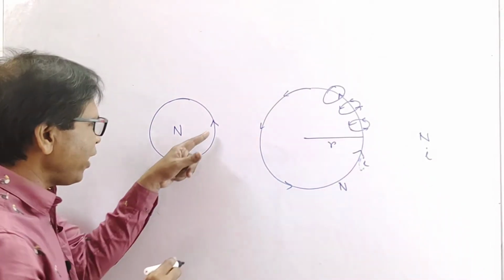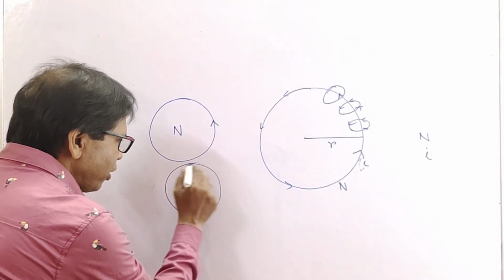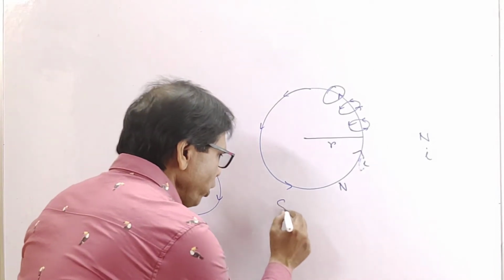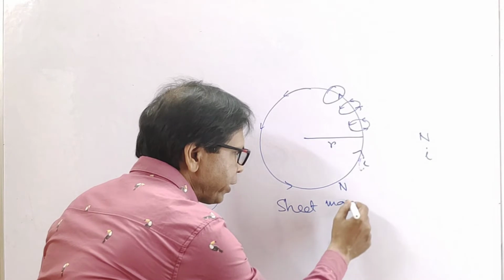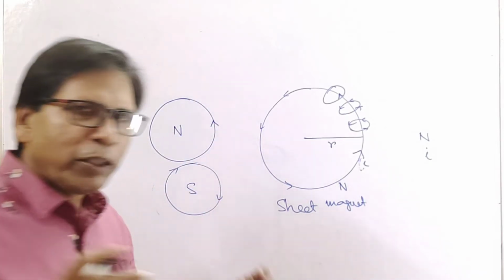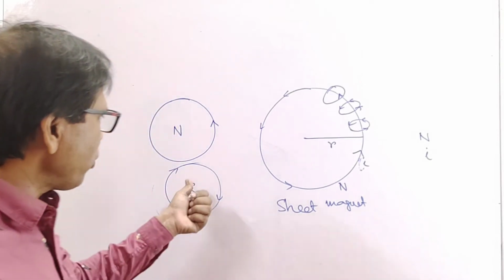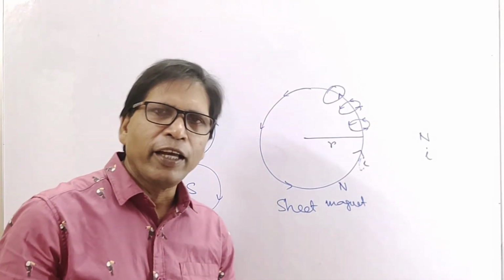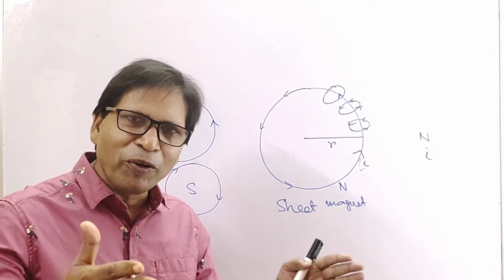Now look at this. This is the anti-clockwise current. This is the north pole. Look at this. This is the clockwise current. This is the south pole. Therefore, a circular coil behaves as a bar magnet. Now one similarity and one dissimilarity of a circular coil with a permanent magnet. Similarity: a permanent magnet has north pole and south pole.